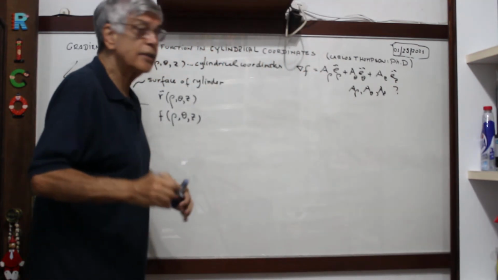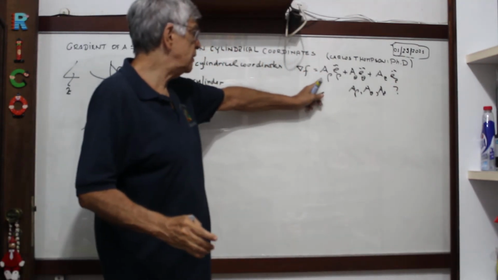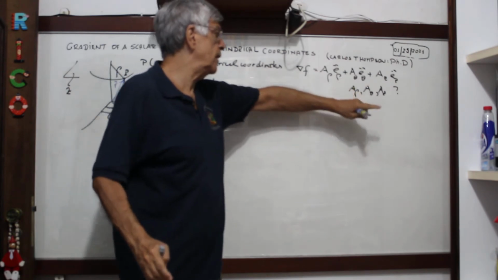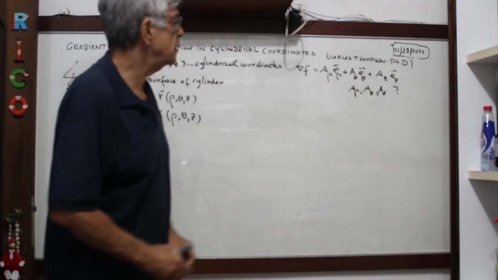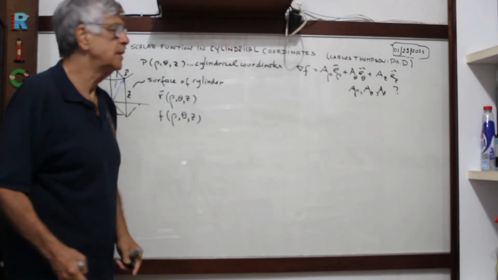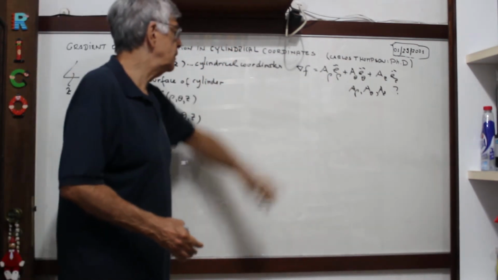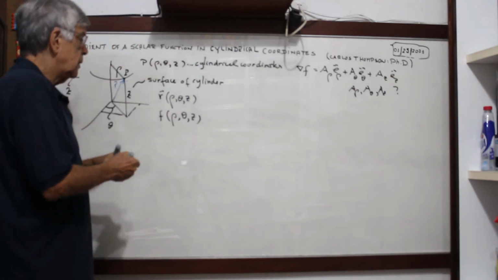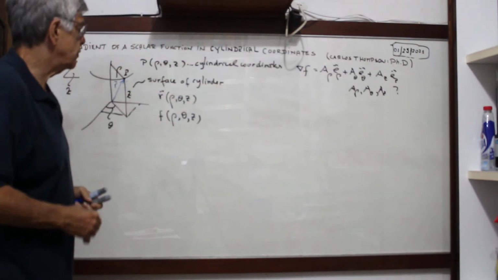As soon as I get a sub rho, a sub theta, a sub z, then I conclude the gradient of this function.